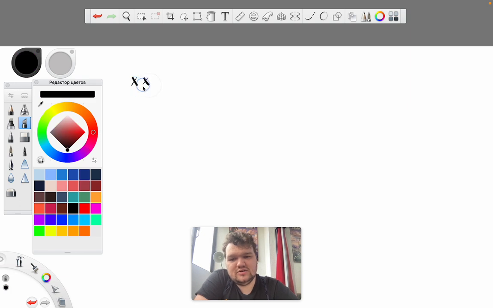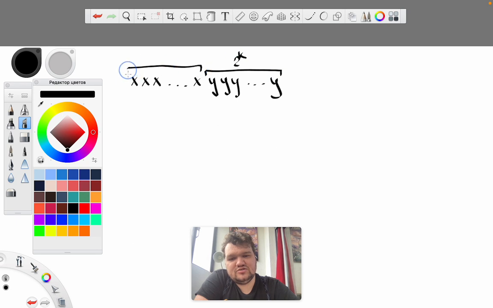We have some x's, and then we have some y's. Let's say L is 2 to the power of k, and here strictly smaller. If x is at most y, then we are good. What if x is greater than y? What about their XOR?